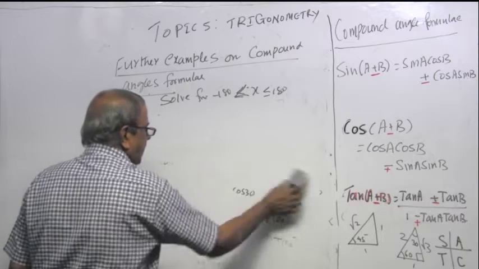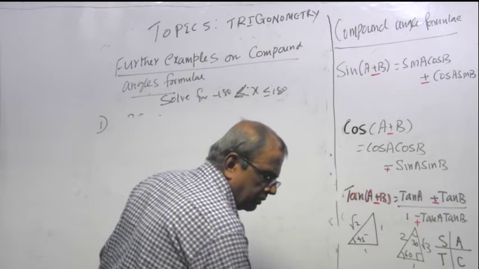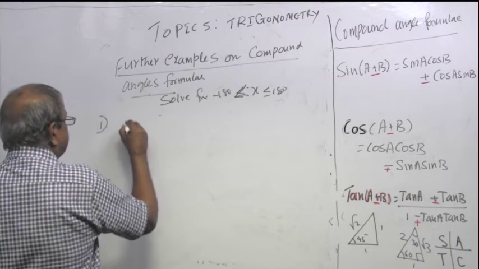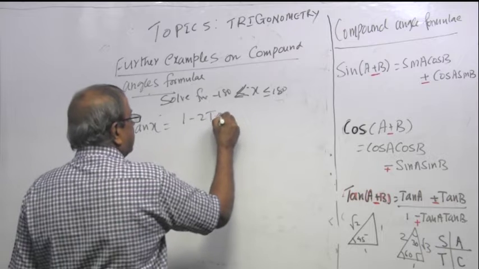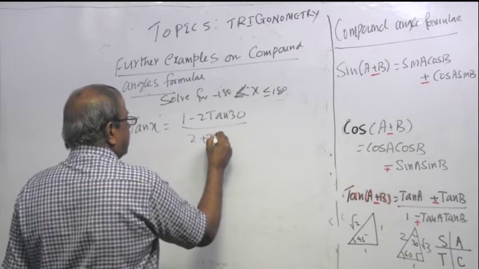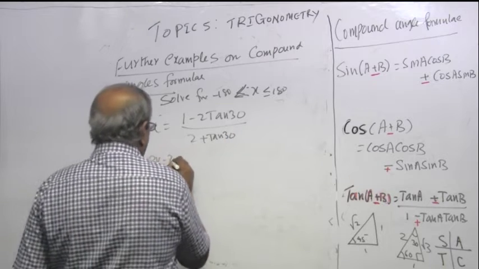At the moment, I will rewrite it so that's where we start from, because now the double angle formula is over. So I have got tan x equal to 1 minus 2 tan 30 over 2 plus tan 30. As usual, I find what is PV.